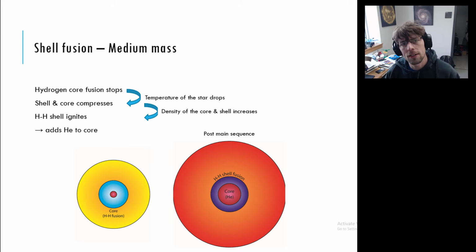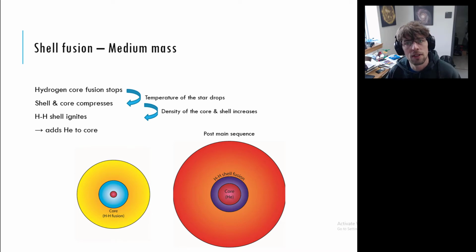So the supergiants and the giants that we see in our HR diagram are typically stars that are undergoing a hydrogen-hydrogen shell fusion process. It's because there's a smaller volume in the star that is doing the fusion, and therefore the fusion rate in that area is huge, which means that you have a huge temperature and then the outer layers expand.